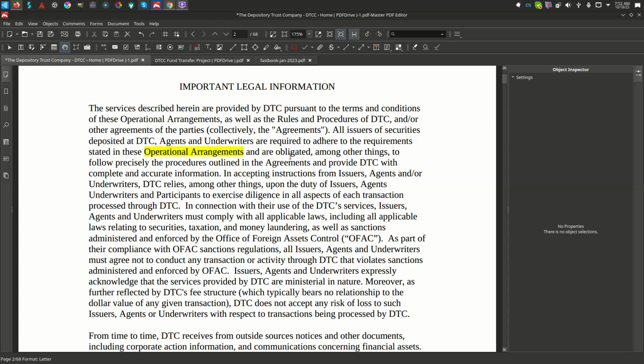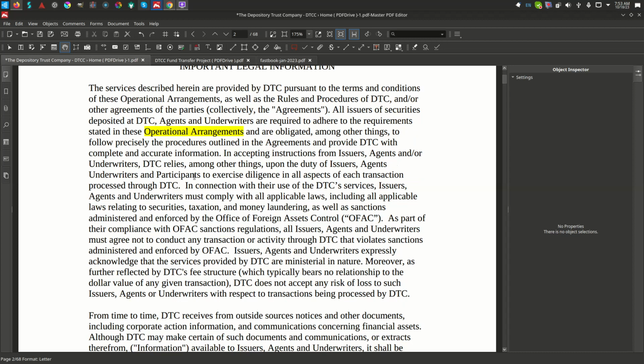They are obligated, among other things, to follow precisely the procedures outlined in the agreements and provide DTC with complete, accurate information. In accepting instructions from issuers, agents, and or underwriters, DTC relies upon the duty of issuers, agents, underwriters, and participants to exercise diligence in all aspects of each transaction processed through the DTC.